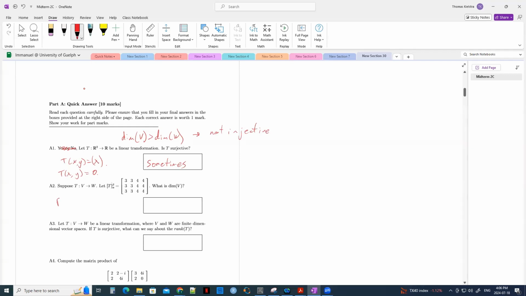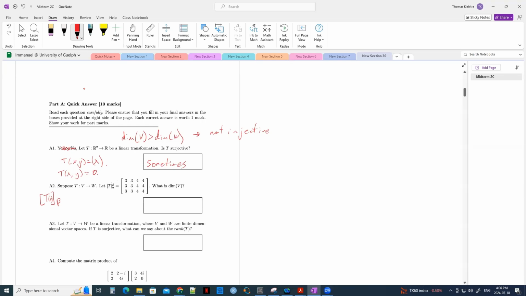Remember, beta is used when we're looking at the coordinate vector for T(V) of beta. And beta tells us how many entries are in T(V) of beta. The number of entries is the number of basis vectors.